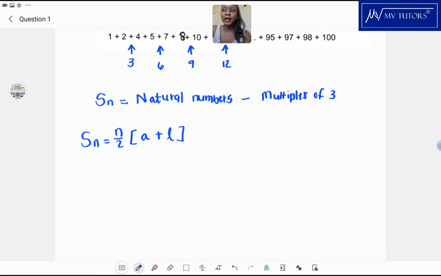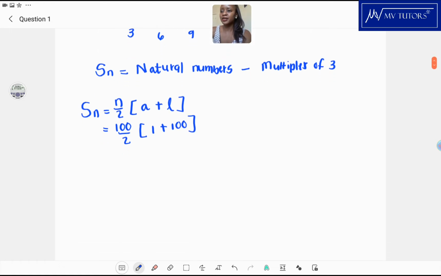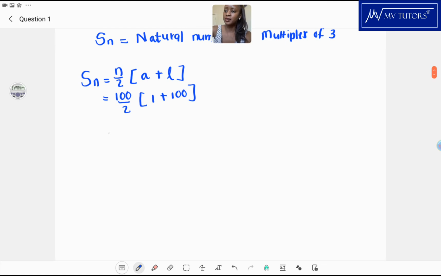And my natural numbers go from 1 to 100, so the number of terms would be 100. My first term is 1 and my last term is 100. And then let us work it out.